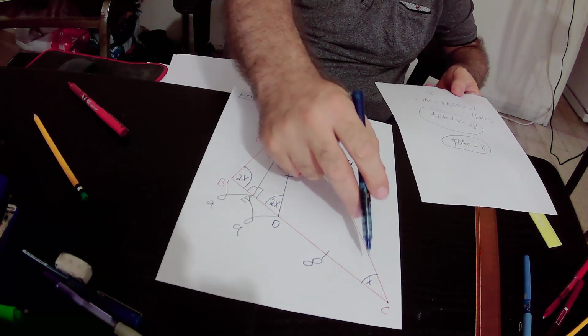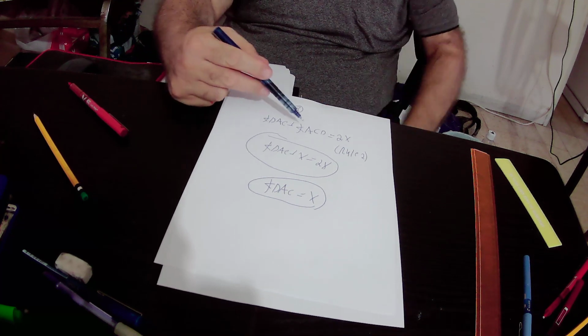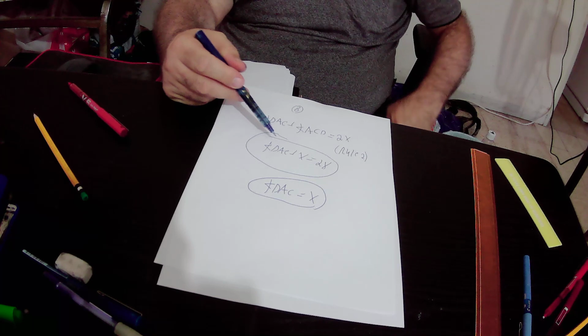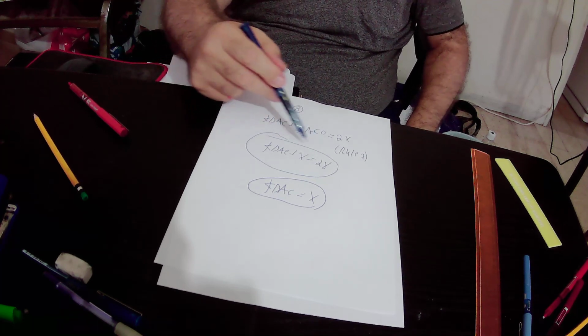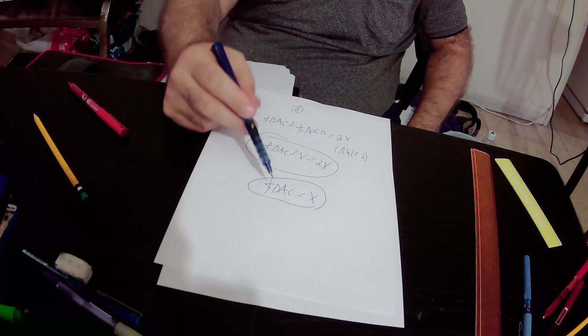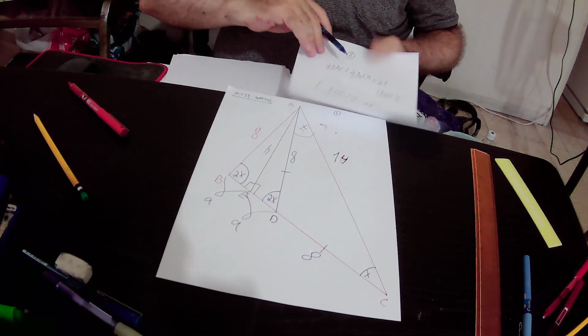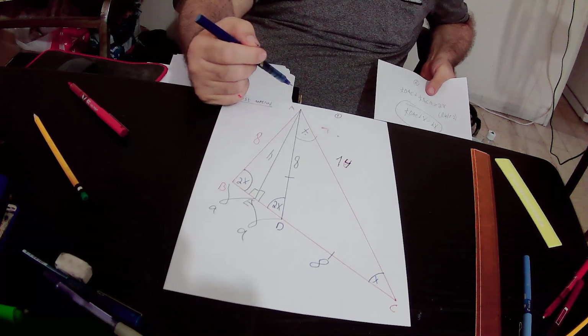So here we can substitute ACD by x, and we get angle DAC plus x equals 2x. Here we can subtract x from this equality, and we get that angle DAC equals x. So this angle DAC equals x.